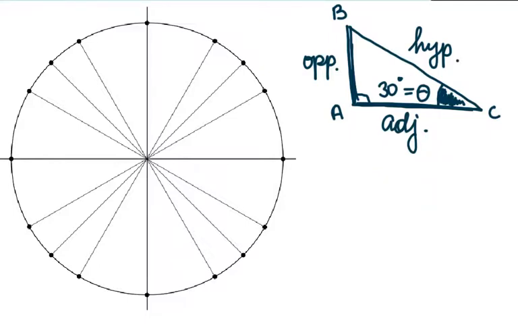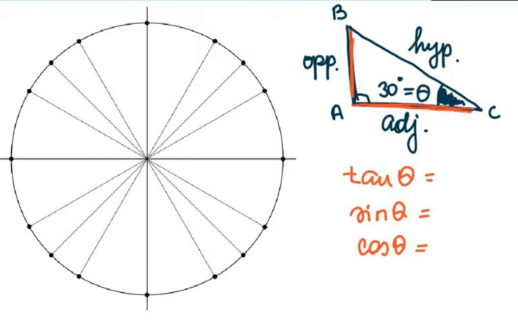So there's going to be tangent. We're going to look at tangent theta, sine theta, and cosine theta. And for tangent, they said it's going to be the opposite over adjacent for that angle: the opposite side of that angle and the adjacent side.